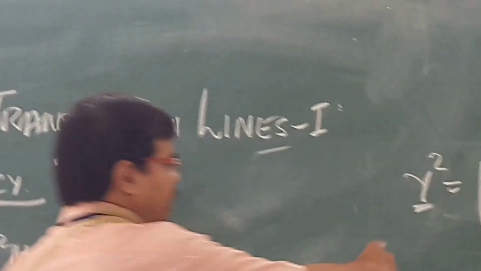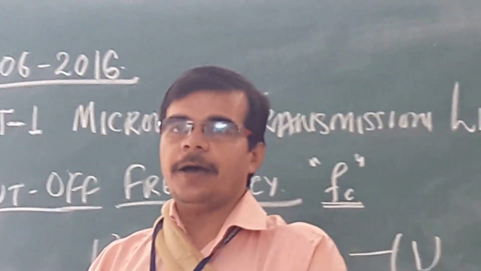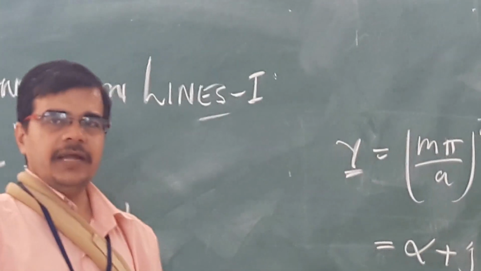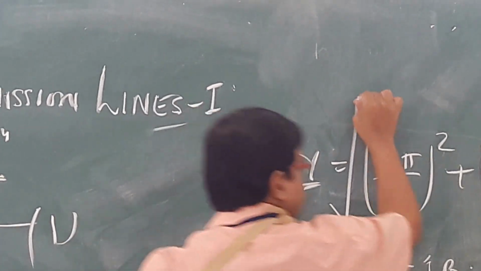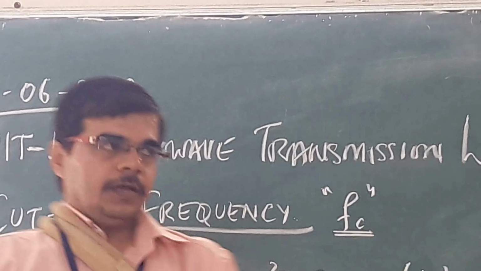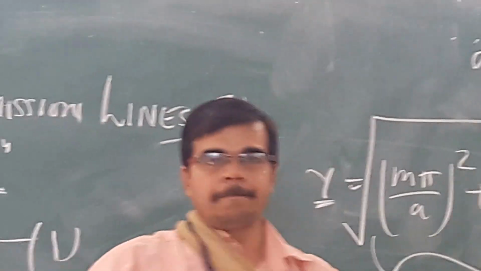So whatever we got here, can we write that this is equal to your alpha plus j beta? Having propagation constant square, can I write your propagation constant is equal to square root of this one? Now here I am considering from your alpha plus j beta.